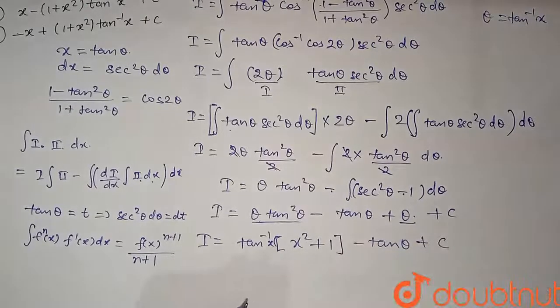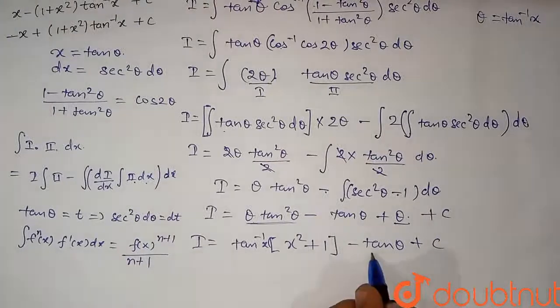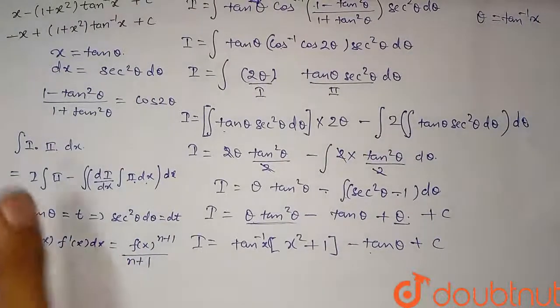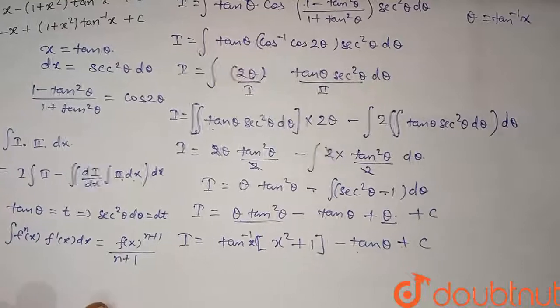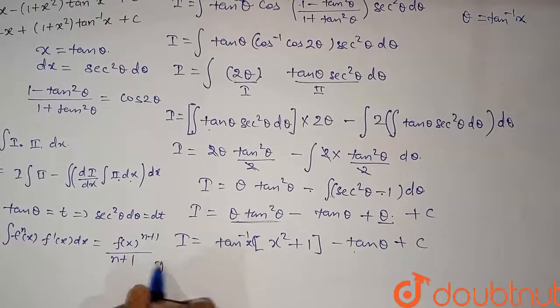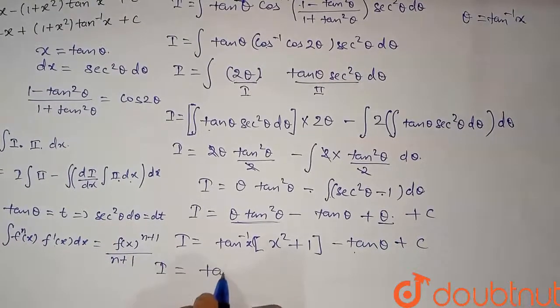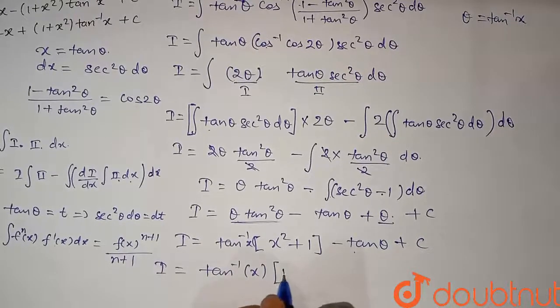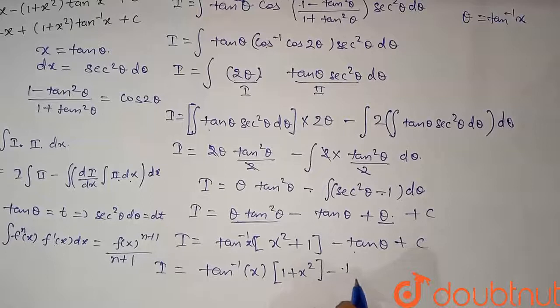Finally, one more step: putting tan theta in terms of x. So I will be equal to tan inverse x into 1 plus x square, and tan theta will be x, so minus x, plus c.